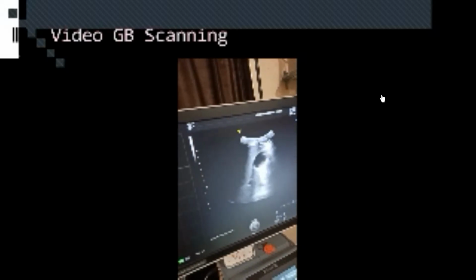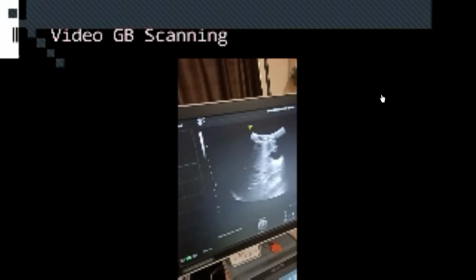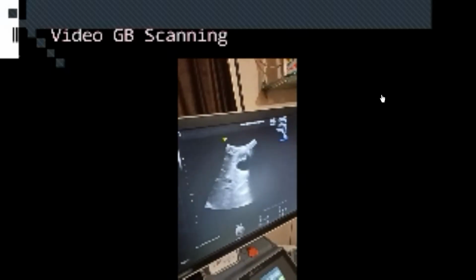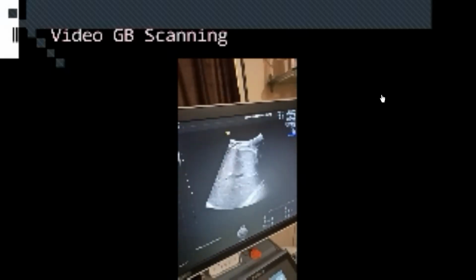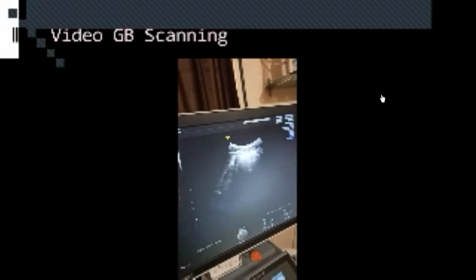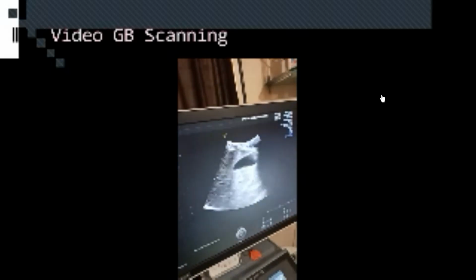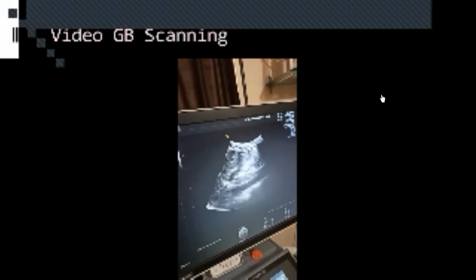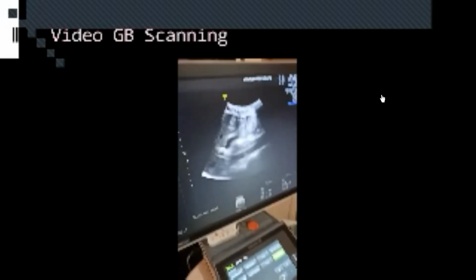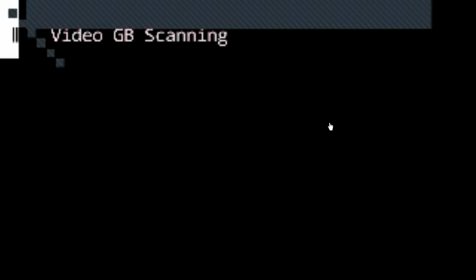You have to reach up to the fundus of the gallbladder and beyond it, so that no abnormality is missed in the lumen of the gallbladder. That was the gallbladder scanning.